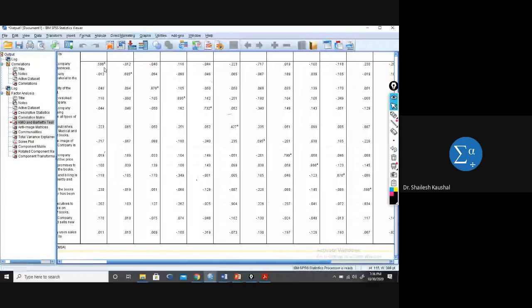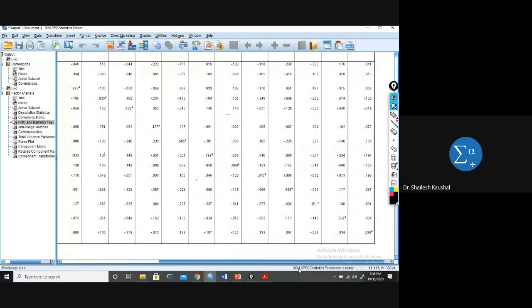So if it is greater than 0.5, it is okay. 0.835, it is okay. But here this is not okay. Which one is not okay? We can see here, because it is less than 0.5, it is not okay.